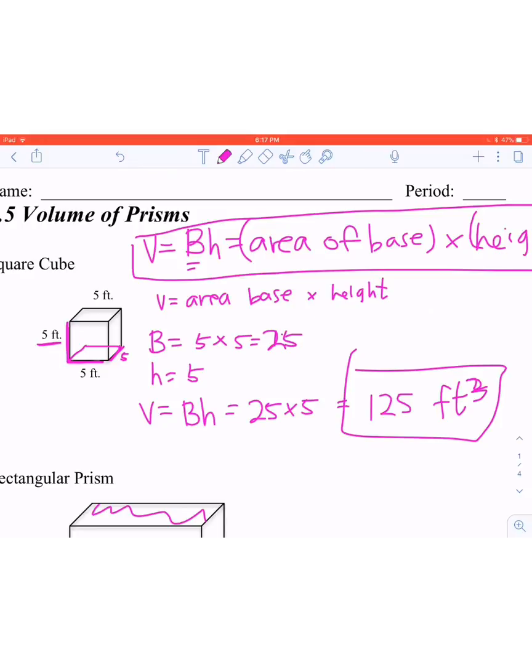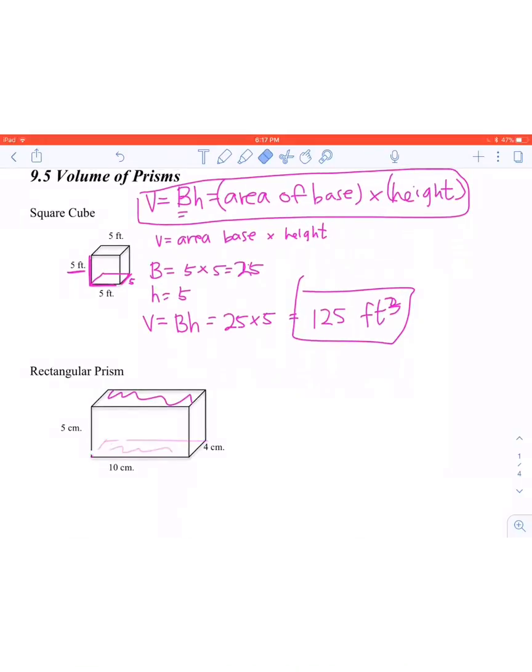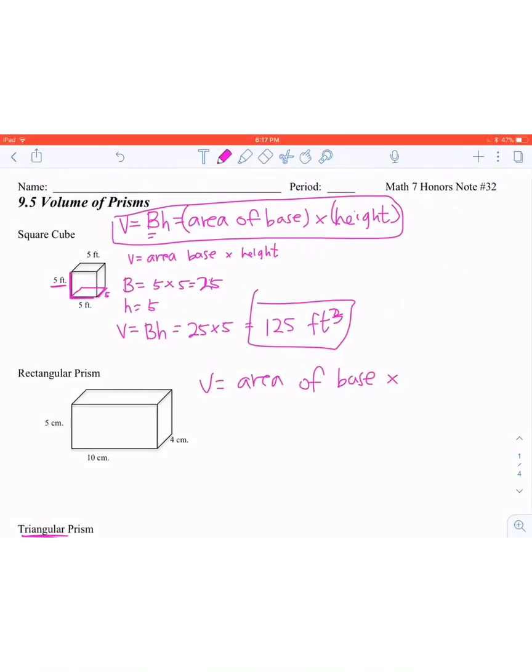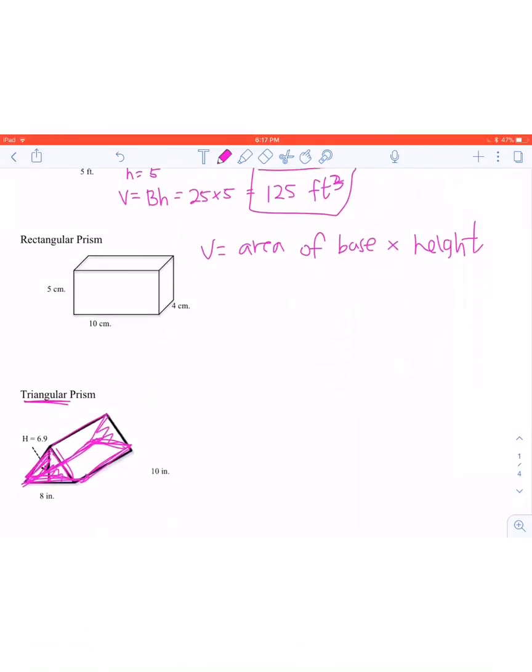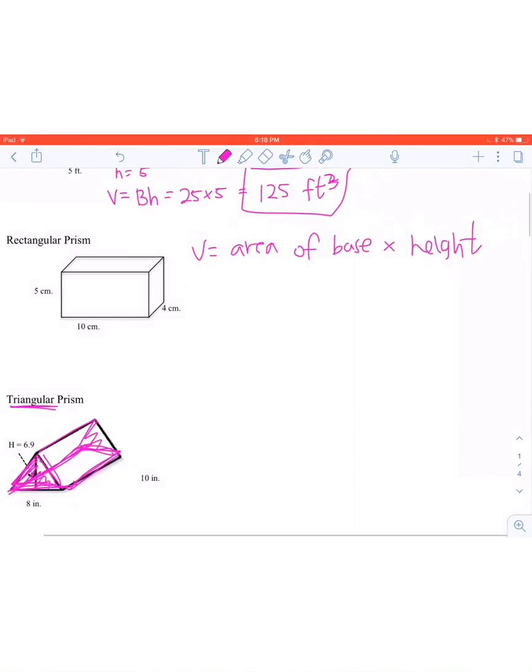So do the same thing. Again, to find the volume, you have to multiply the area of the base by the height. Okay. So given that, in this case, let's say this right here is our base because it's the same as the one on the top.